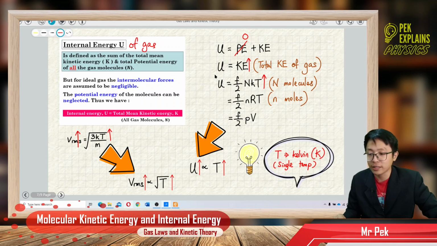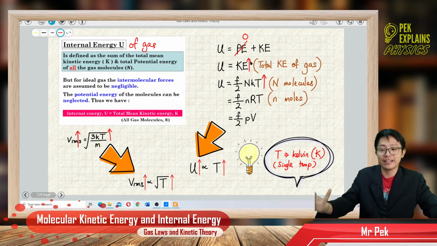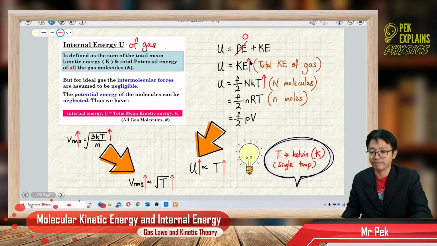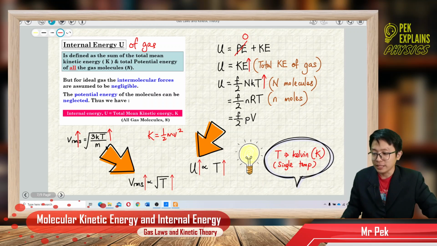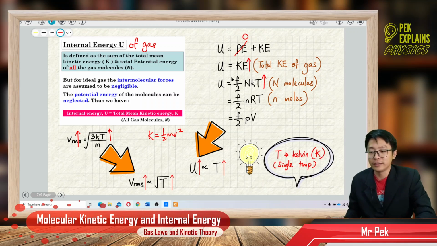As they travel faster, they have higher kinetic energy, because kinetic energy is half mv squared, isn't it? Higher velocity, higher kinetic energy, and so the higher the internal energy of gas.